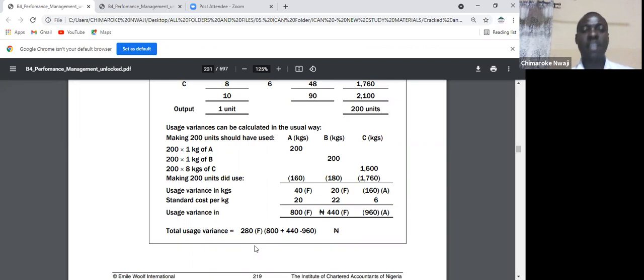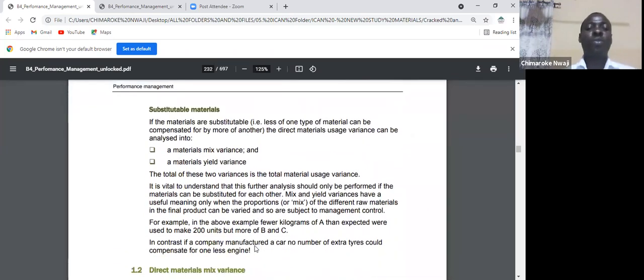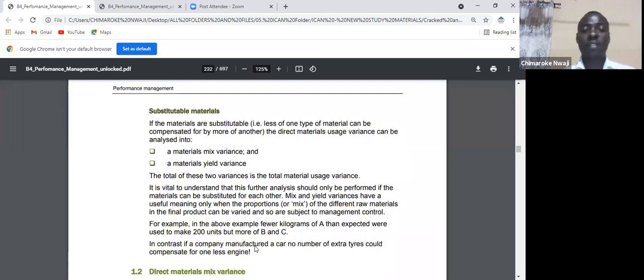That's not all. Let's look at substitutable materials. If the materials are such that you can substitute one material for the other. Let's say you need 100 kilograms to complete your production process.